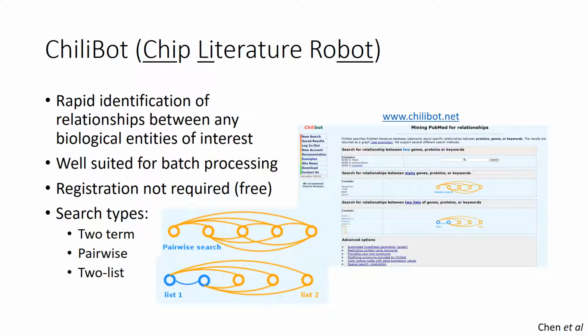Pairwise, as you can see from the picture here on the right, is at the top, and then the bottom one is the 2 list option. You can see the diagram of how it looks for the relationships between each of the words differently. On the right-hand side is a screenshot, and that's just from my work a few days ago. I took that screenshot.